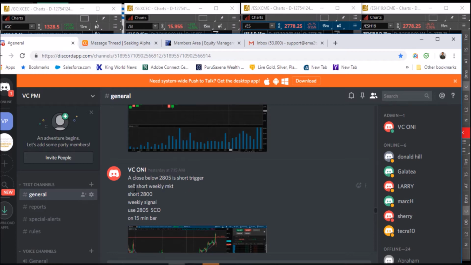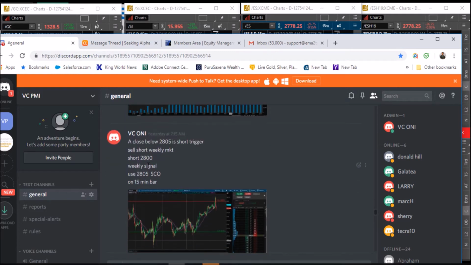And when the signal is activated, I indicate to sell short the weekly at the market. And I give the price that I went short at, 2800, the weekly signal. I give you the stop level, which is the 2805 level, which is the pivot above, and we're using the 15-minute bar.